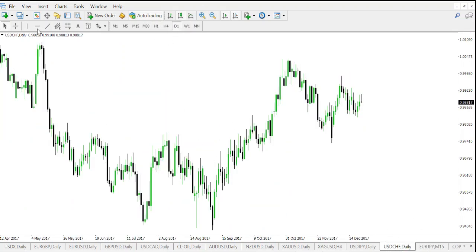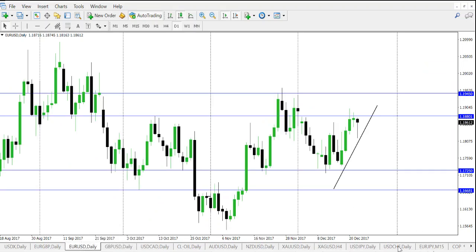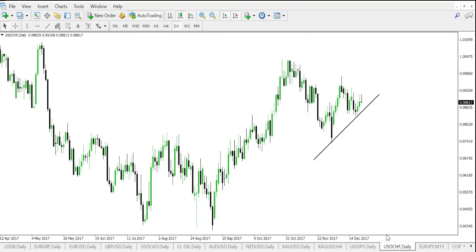Again, this pair is actually a little bit more tricky. I won't get into this too much, but it actually is very driven by what the EURUSD is doing. So it's very similar, but it tends to actually work in exact opposite.